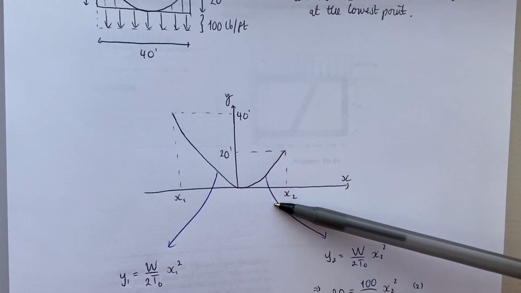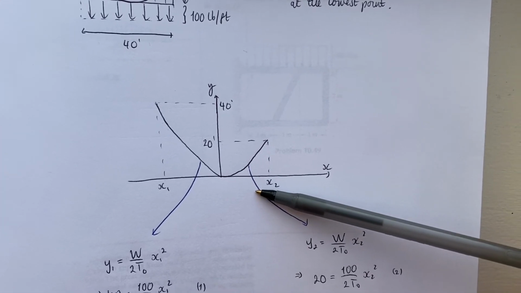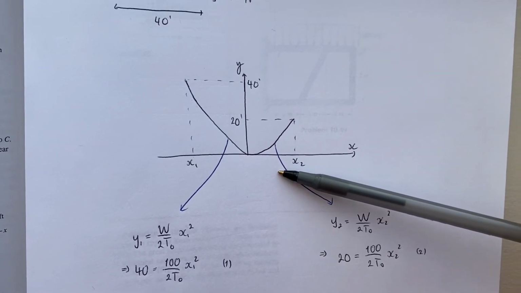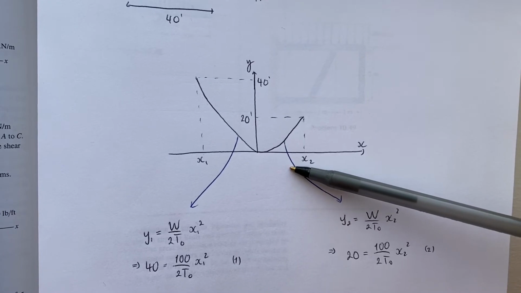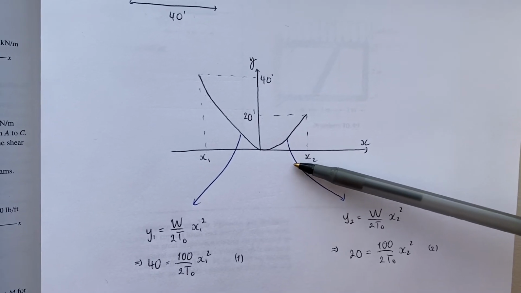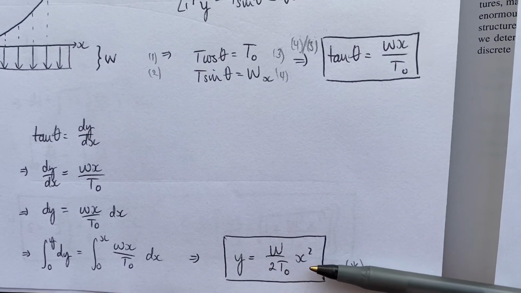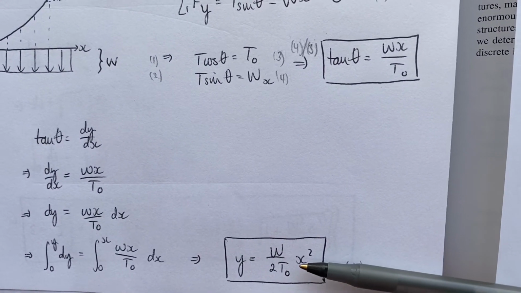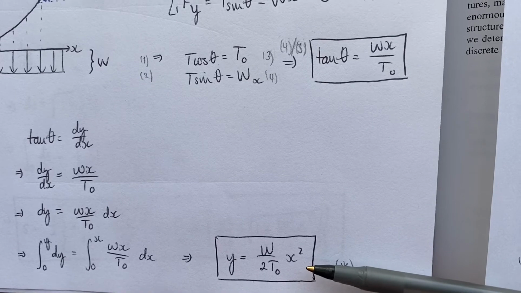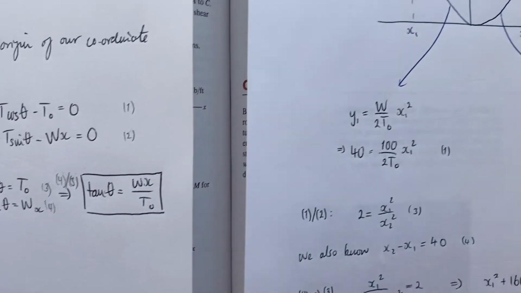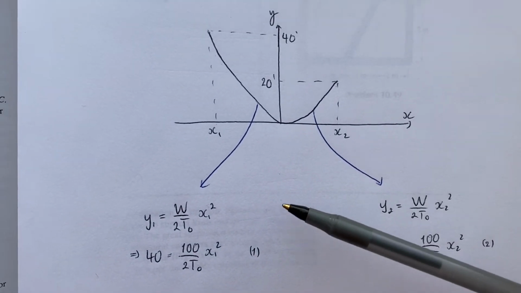So the first thing that I can do is apply the equation that I found or derived previously for the shape of the cable. You'll remember it as this one. And I do that for both sides to find x1 and x2, right? So that's what I've done here.